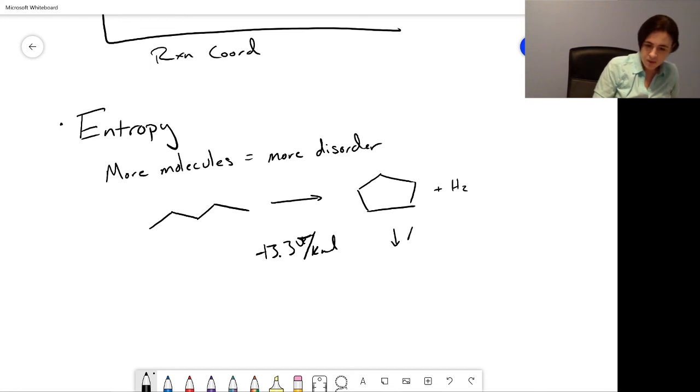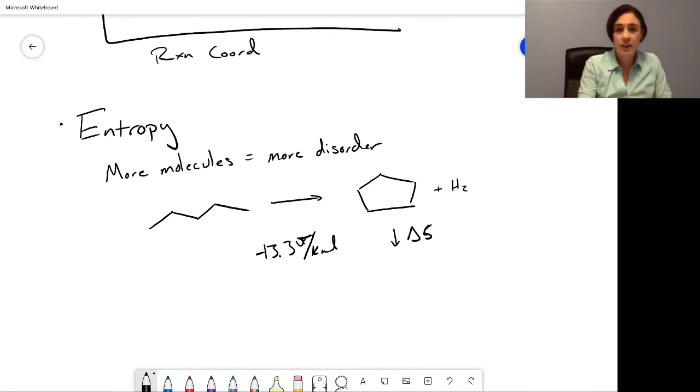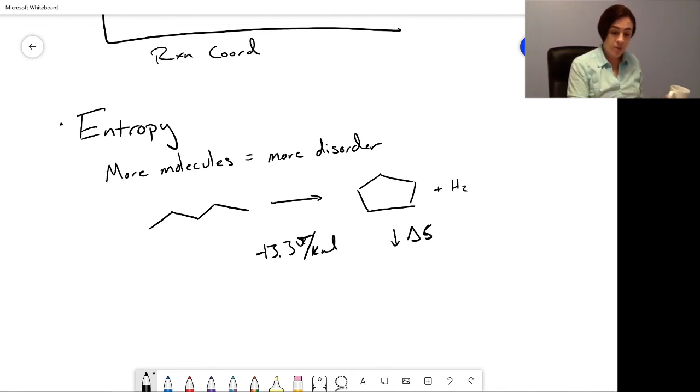This would decrease the disorder in the system, but it's really a hard thing to quantify. So in general, we'd say that delta H generally trends pretty heavily with delta G.